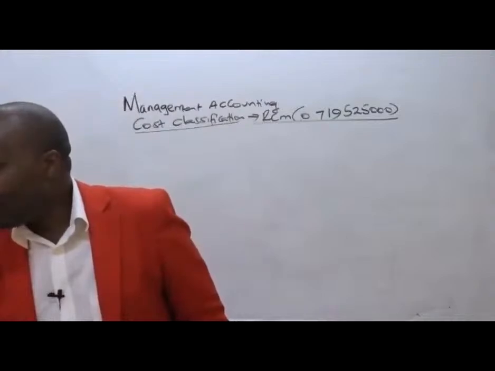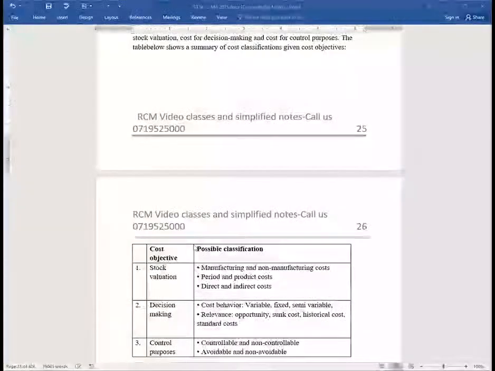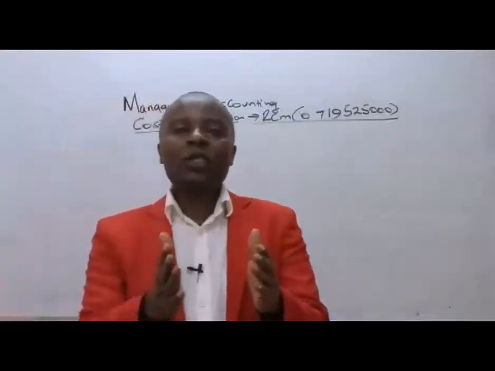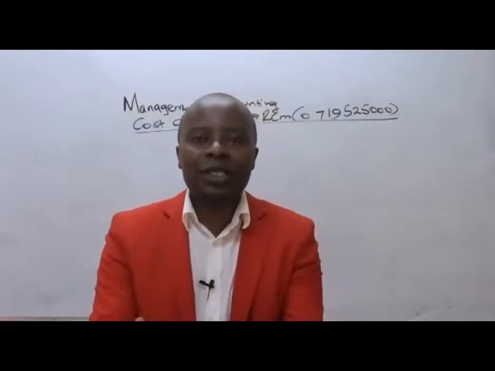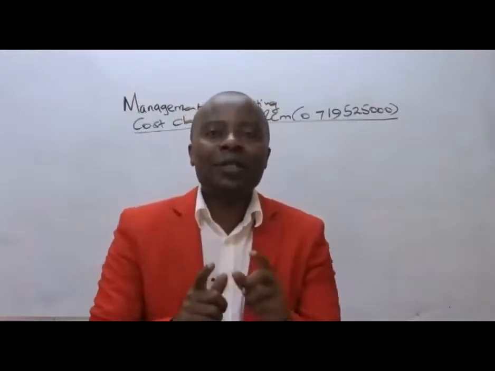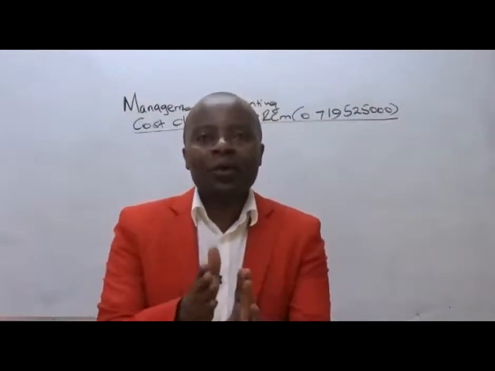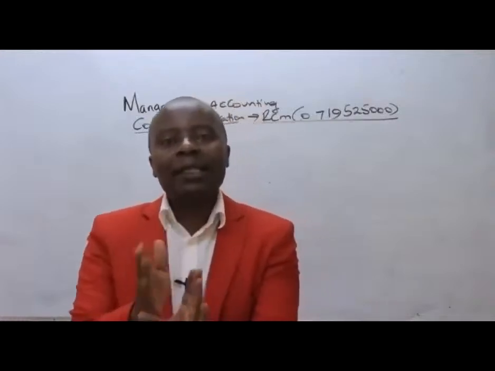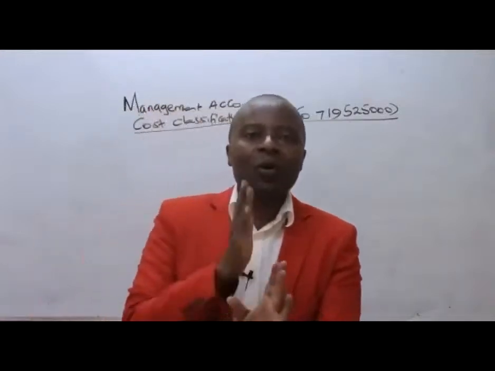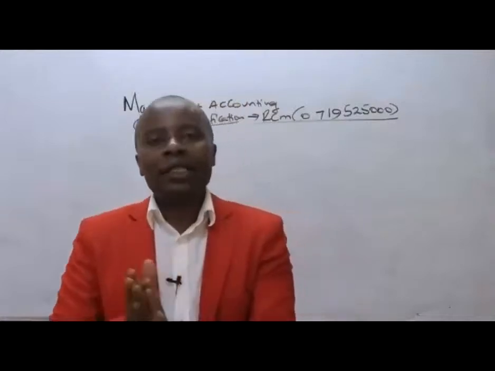Still under stock valuation, we could have a period and a product cost. We could have this kind of classification, yes. So periodical costs, ladies and gentlemen, are those costs, as the name period suggests, which are time-based. Like salaries, we pay our salaries on a monthly basis, like rent. We pay our rent on a monthly basis.